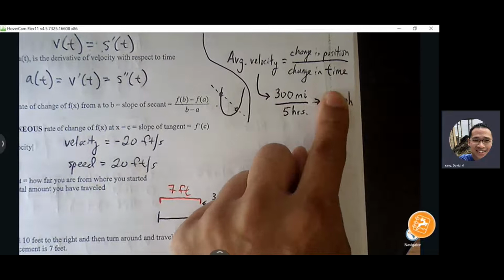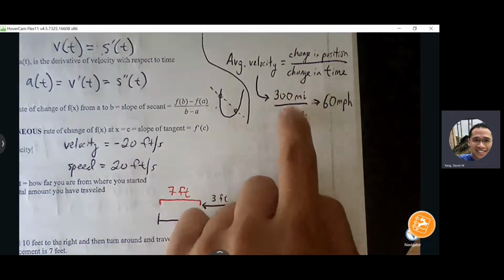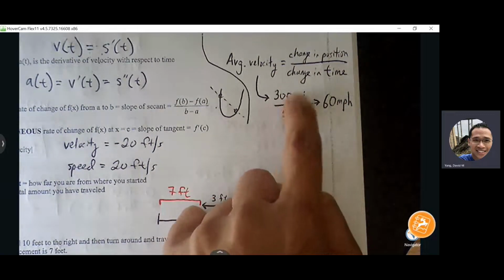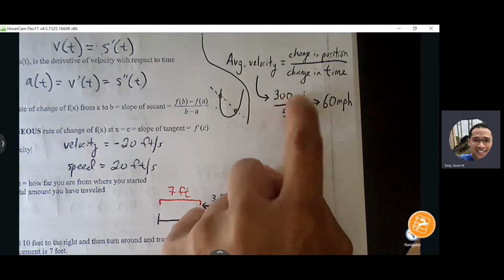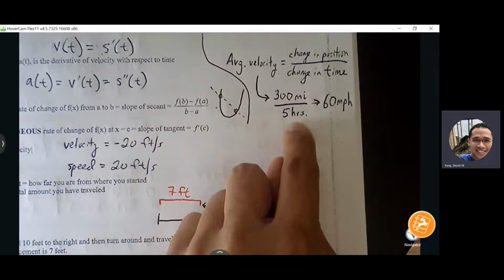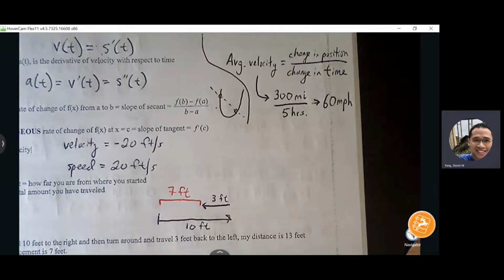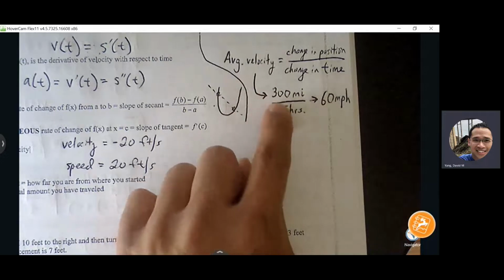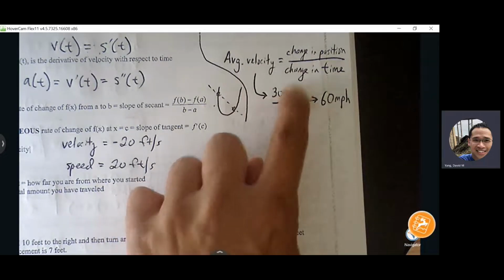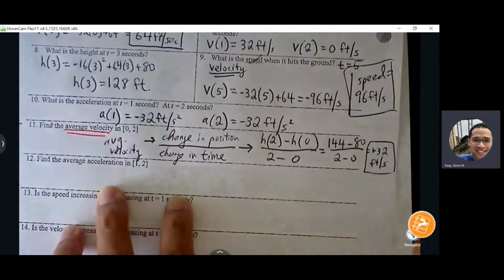But in finding that average velocity, you did not use velocity at all. You did not indicate how fast you were traveling at any moment in time, you just took the total distance and divided by the time. So you would never use velocity information to get average velocity. Same thing here. You're not going to need the velocity function to find the average velocity.